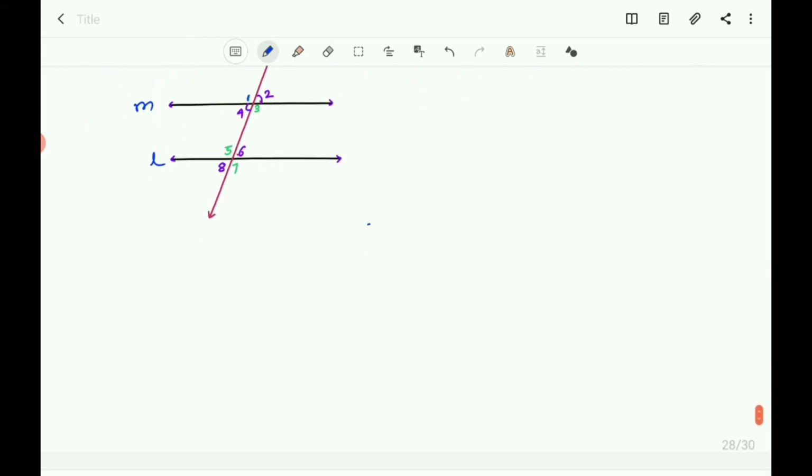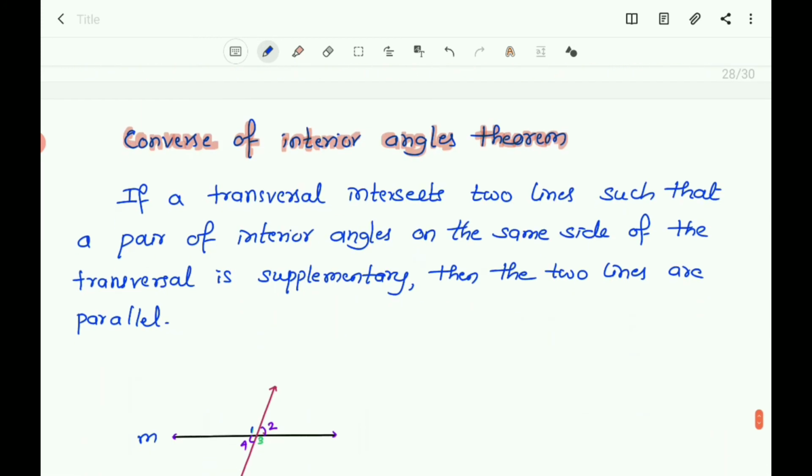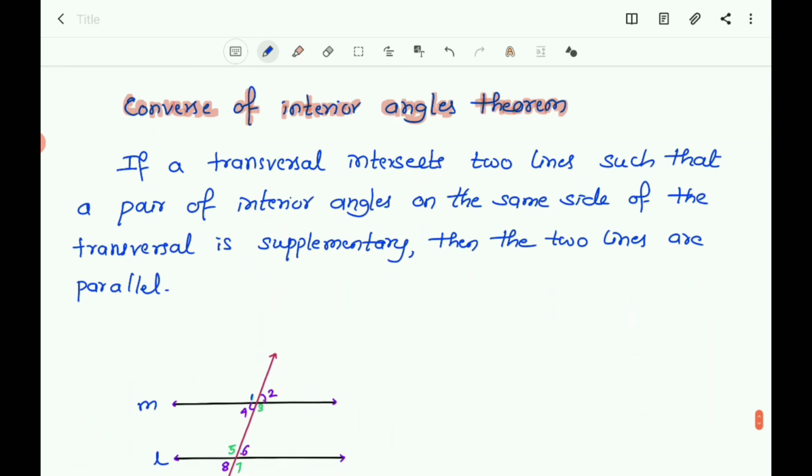And also the converse of interior angles theorem says that if a transversal intersects two lines such that a pair of interior angles on the same side of the transversal is supplementary, then the two lines are parallel.